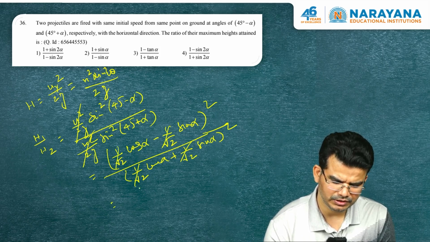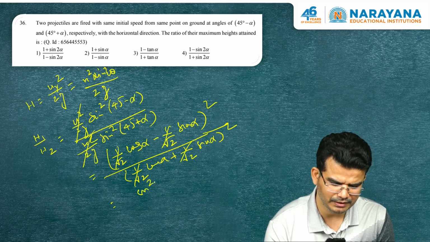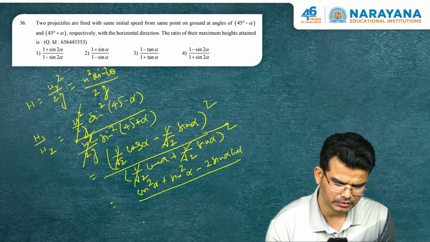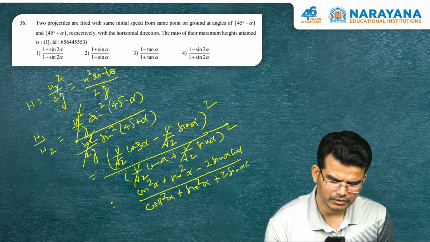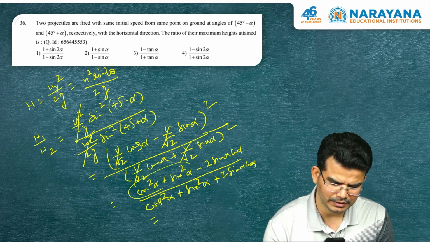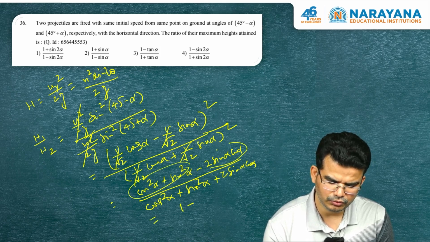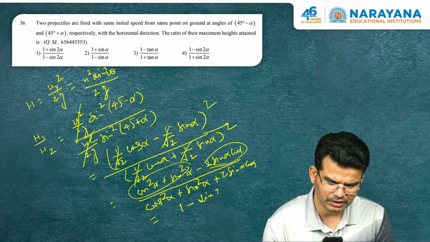Now, if you open this square, cos alpha minus sin alpha, cos square alpha plus sin square alpha minus 2 sin alpha cos alpha, correct, upon the denominator cos square alpha plus sin square alpha plus 2 sin alpha cos alpha. What is this? This is 1. So, 1 minus, now 2 sin alpha cos alpha is what? Sin 2 alpha, and 1 plus sin 2 alpha, very simple.